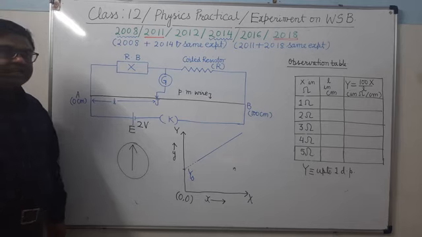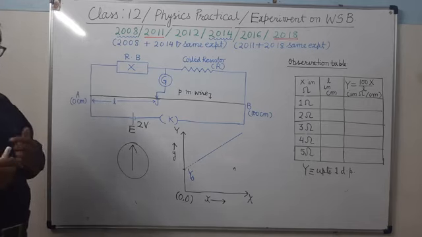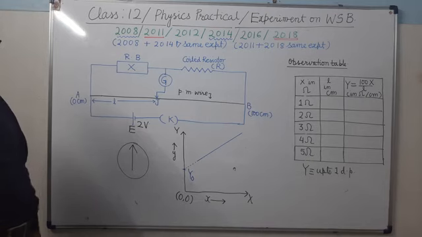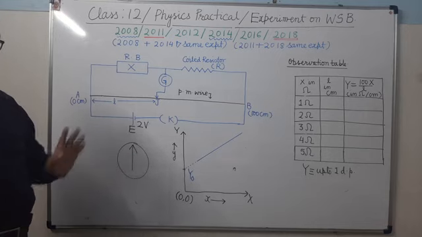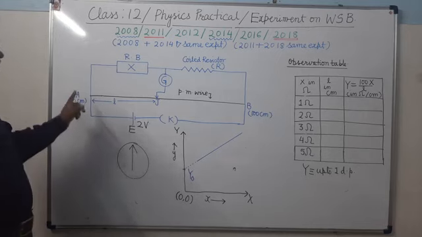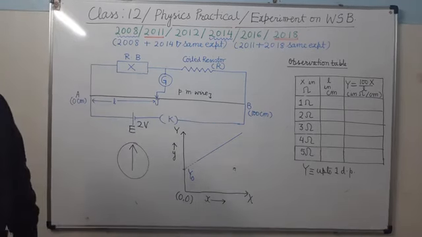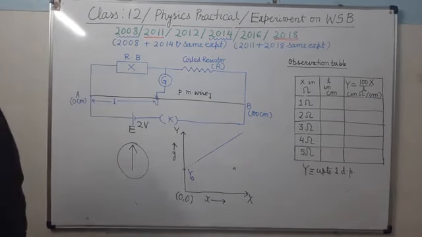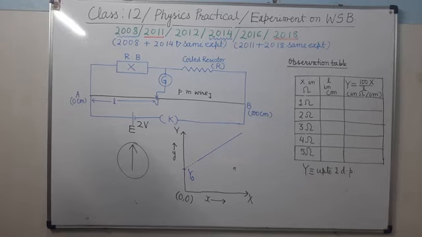It's clear? Now see here, before beginning the experiment, first you will ensure that the galvanometer needle deflects in the opposite direction on touching at the end A and on touching at the end B. What is its meaning?